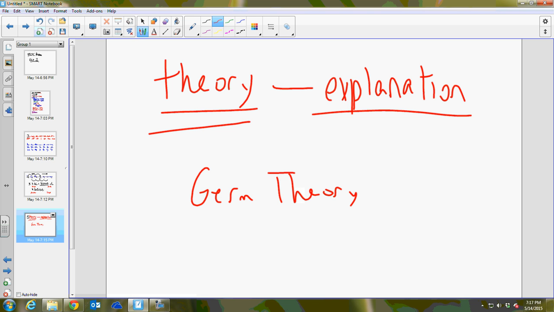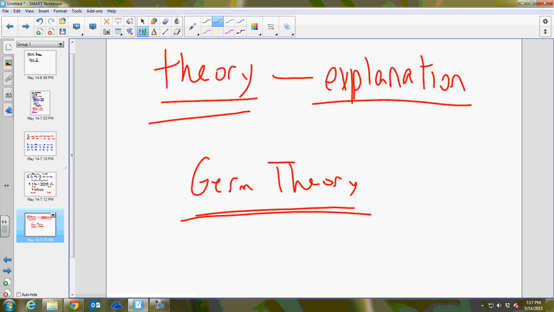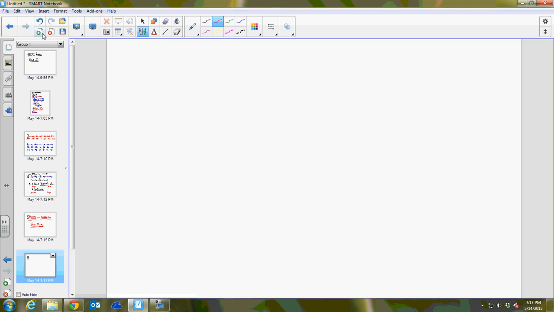We believe that germs cause disease. We believe that bacteria and viruses cause disease, and this has been proven through experimentation, and this is how we explain sickness, through the germ theory of disease. So do not get theory and hypothesis mixed up. Very simple mistake.